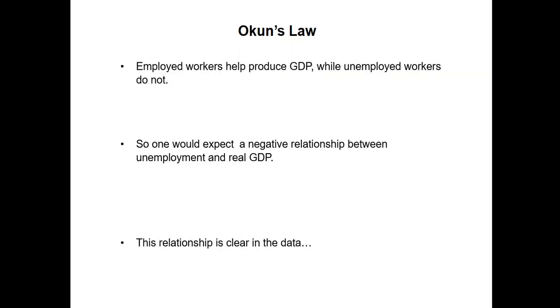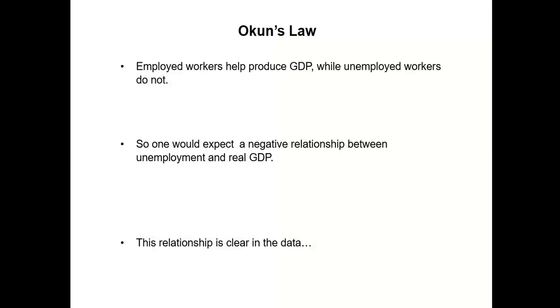Next is Okun's law. Okun was an economist. He said that employed workers help produce GDP while unemployed workers do not. So, one would expect a negative relationship between unemployment and real GDP.